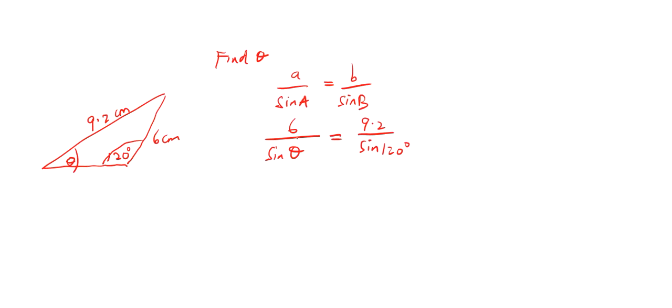Okay, so you could decide what you want as a or b. Just be consistent. So 6 divided by sine theta is equal to 9.2 over sine 120, and sine 120 is equal to 0.866.